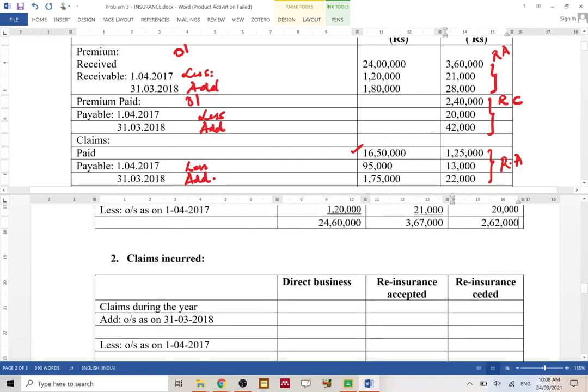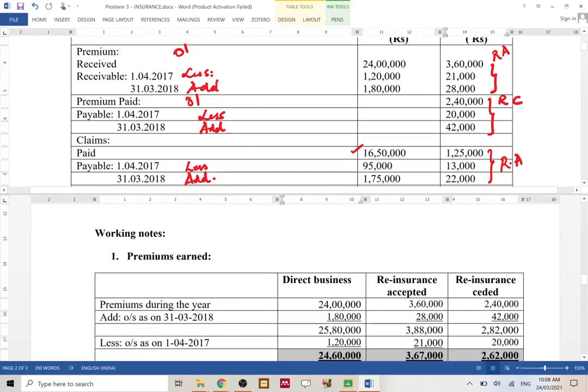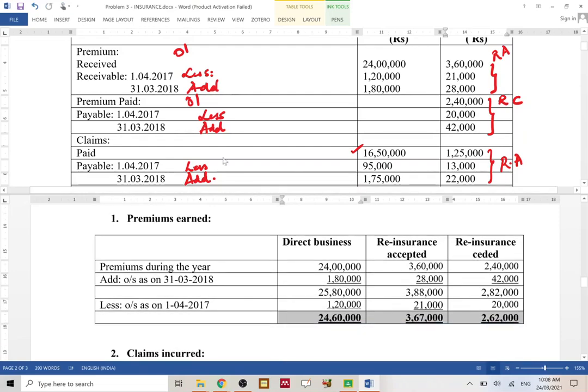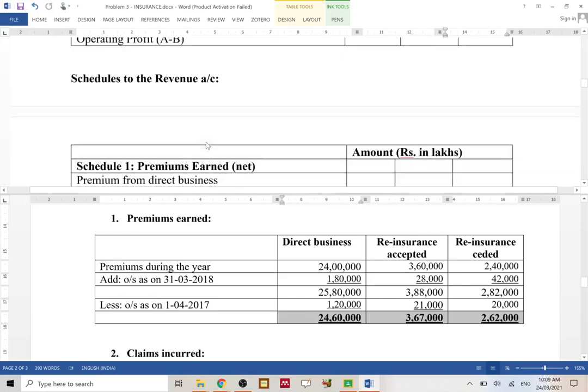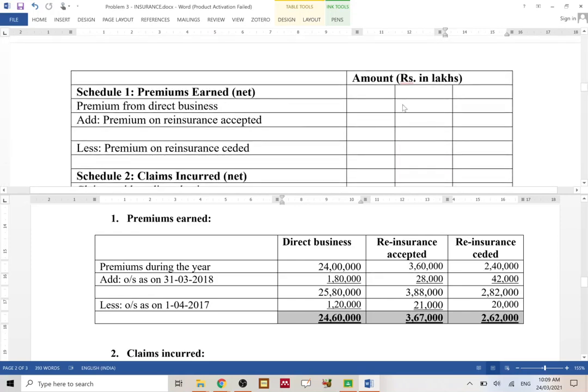Okay, so that was your premiums earned. We have calculated all the final amounts that will go in your actual revenue account. Okay, so we have from direct business, from reinsurance accepted, from reinsurance ceded. Let's enter that in the revenue account where we have calculated our schedules. So let's see.